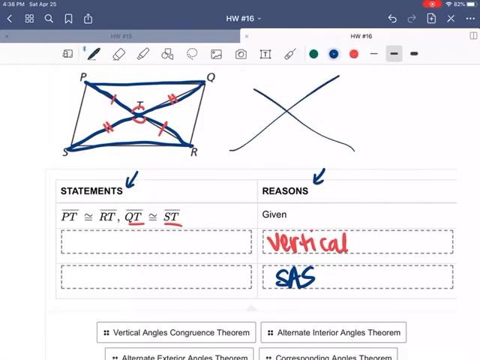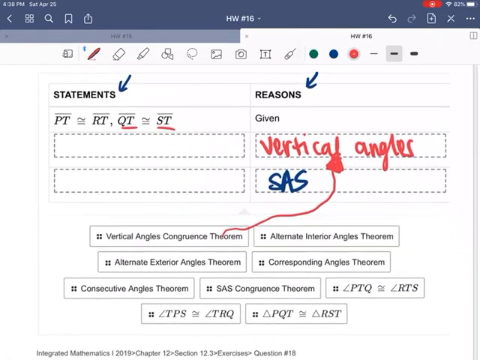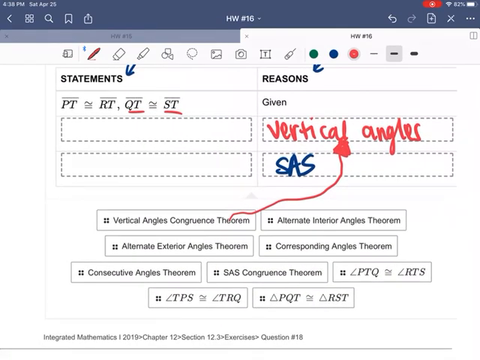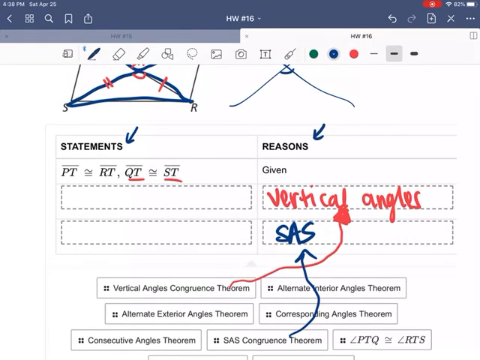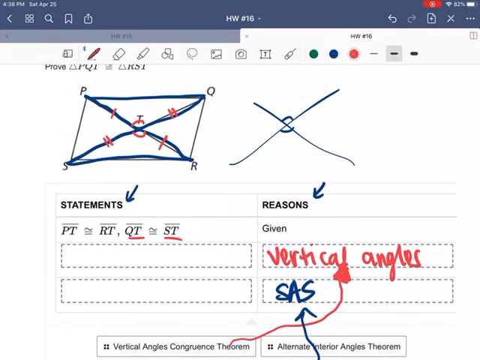When two lines cross each other, the angles directly across from each other are vertical angles. Okay, so that will go right here. Side angle side goes right there.